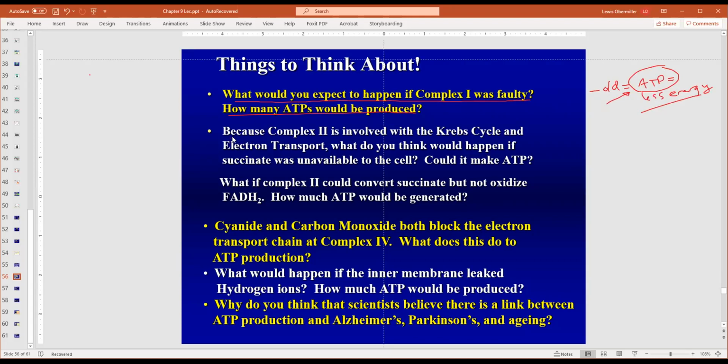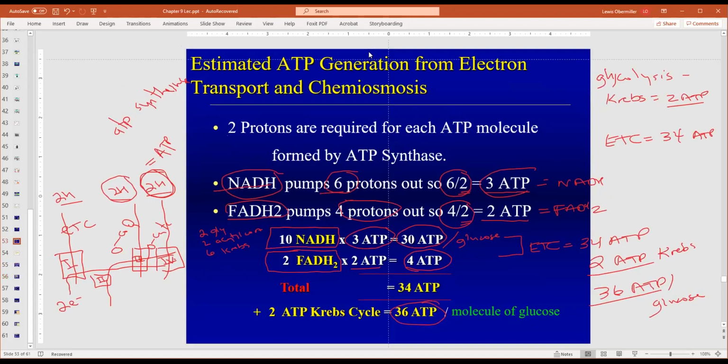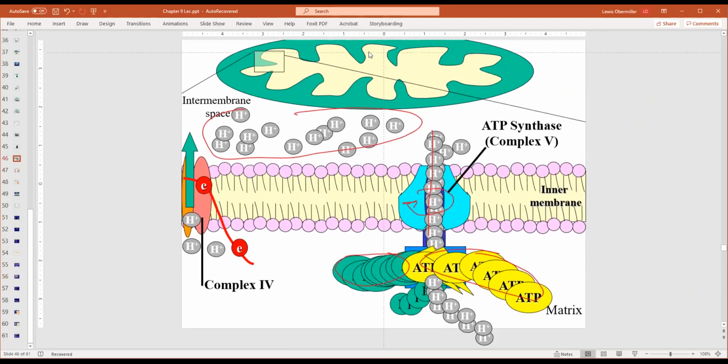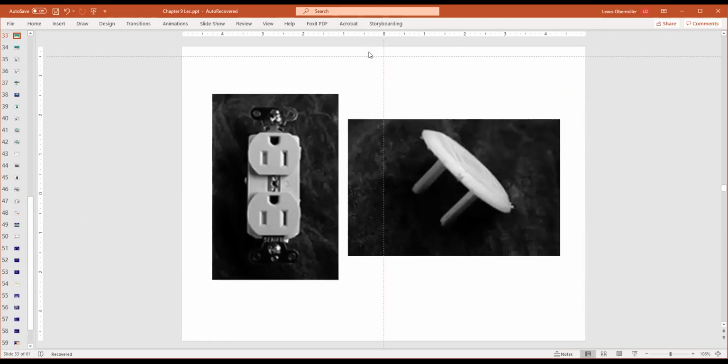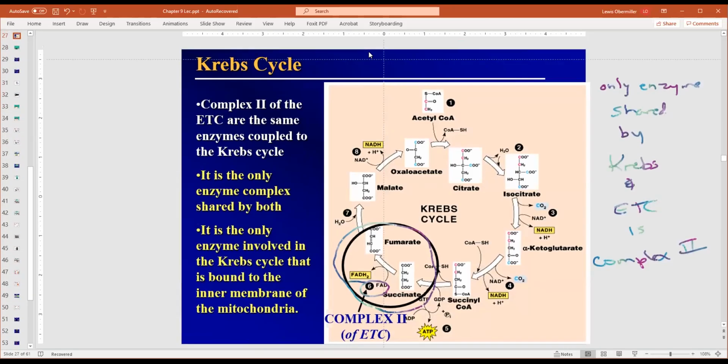All right. Complex 2 is involved in the Krebs cycle and electron transport. Remember, we talked about that. I'll just back it up a notch to remind you. So remember, complex 2 is part of the Krebs cycle, and it's also part of the electron transport chain.